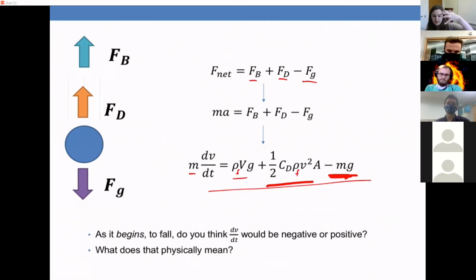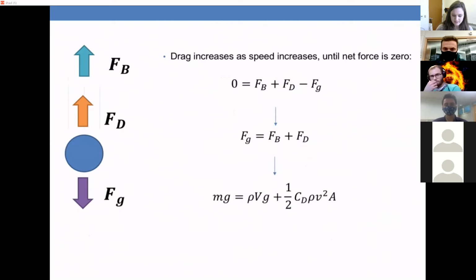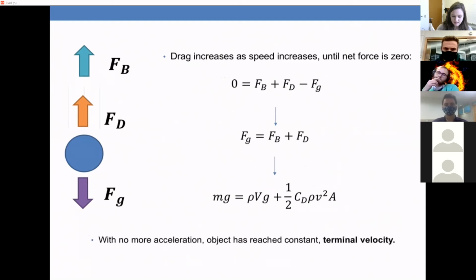And finally, what will happen once the weight is totally balanced by the drag force and the buoyant force? Terminal velocity. You will get constant velocity. Acceleration will be 0. You will have constant velocity. Just like this. That is the terminal velocity.